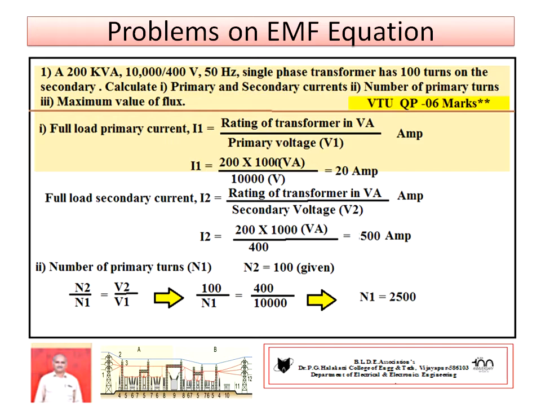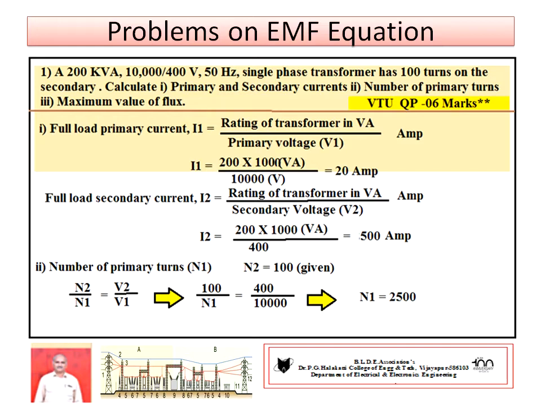Whichever current you are calculating, the respective voltage should be taken. Hence we are calculating the primary current, so we divide the rating of the transformer by the primary voltage V1. Hence we get amperes. This is I1, the primary current.